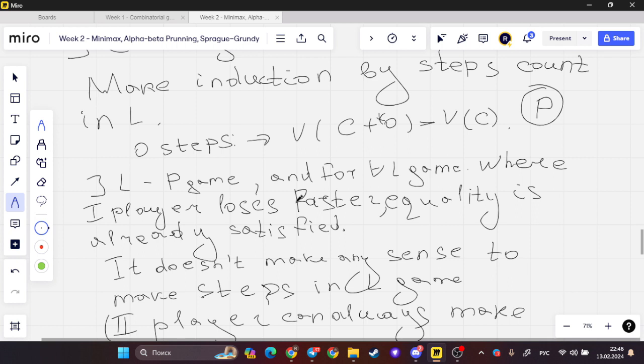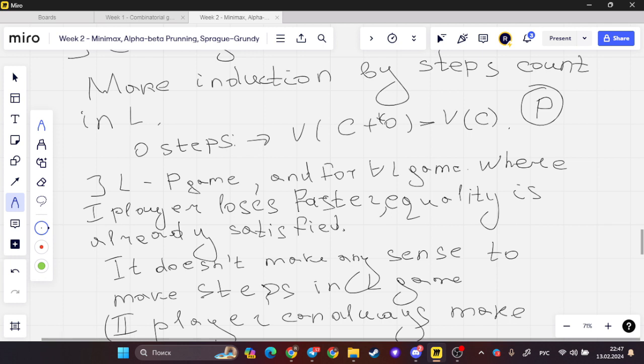Okay, and suppose we have already proved it. Suppose A is a P game, and for any game and any L game where the first player loses faster, the equality is already satisfied.